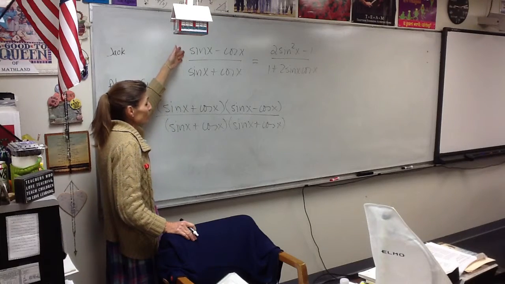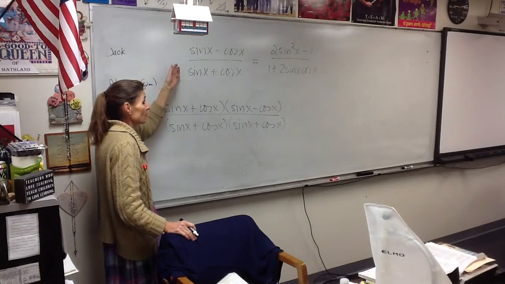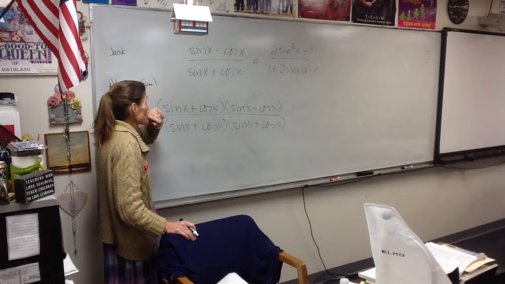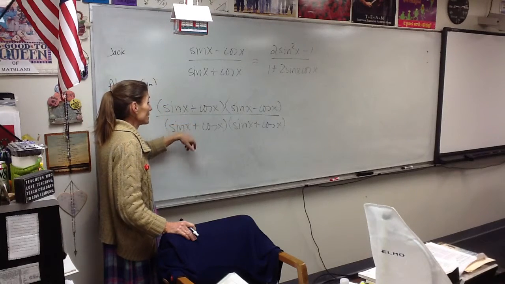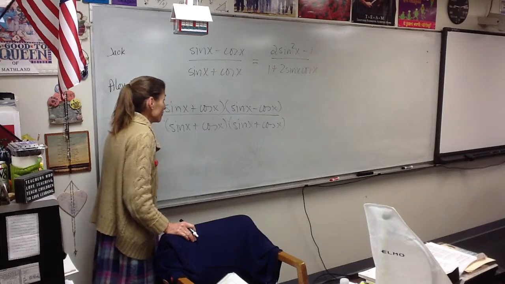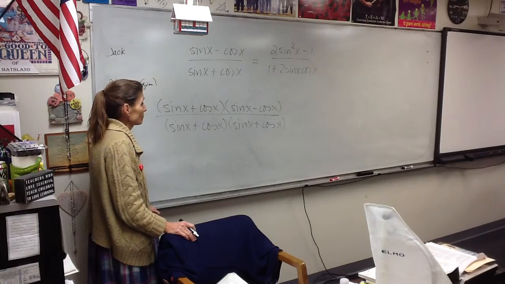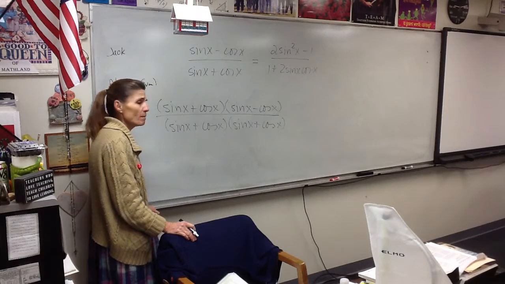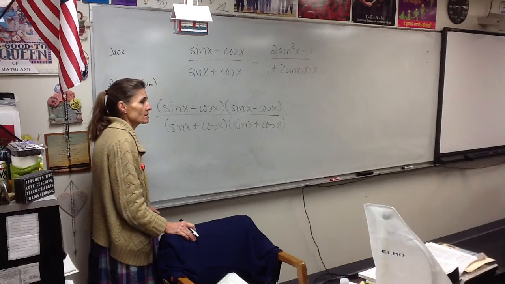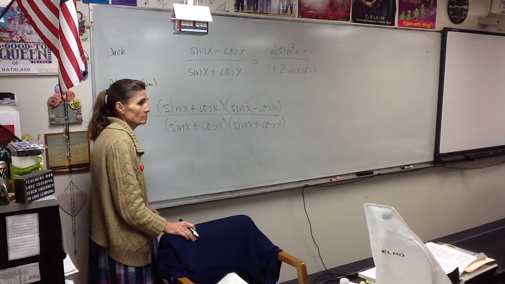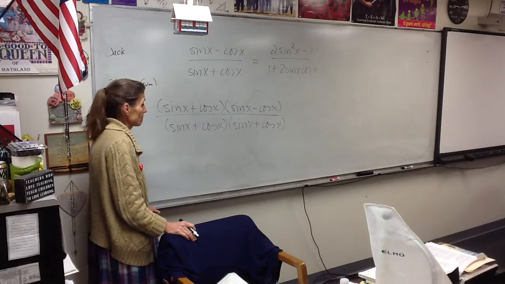So she said, I'm either going to multiply by sine minus cosine or sine plus cosine. I have chosen to do sine plus cosine. I think that's going to work out for us. By the way, what happens if you choose something that doesn't work out? You just start over, right? You just start over.